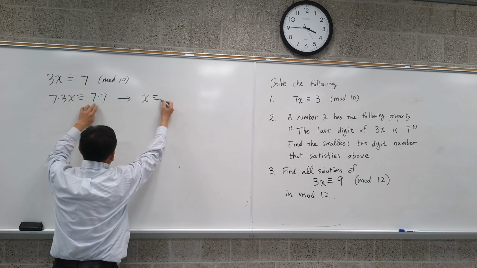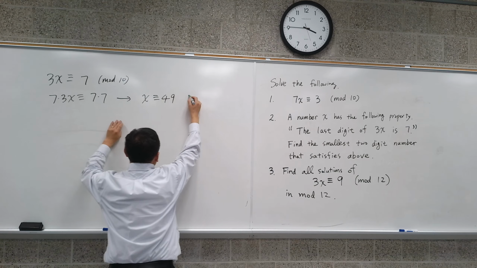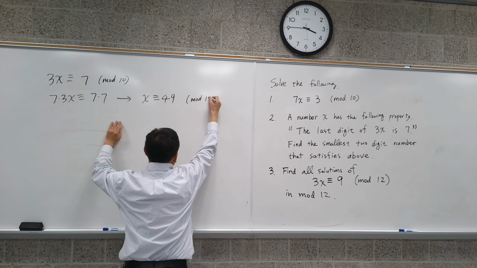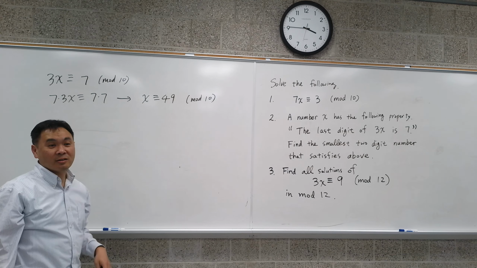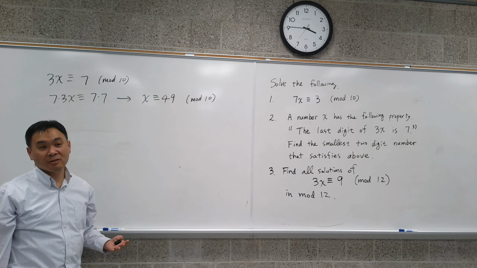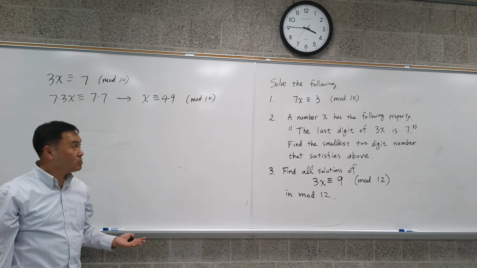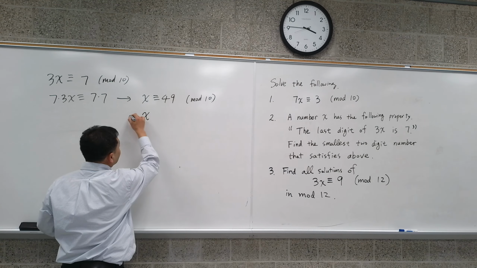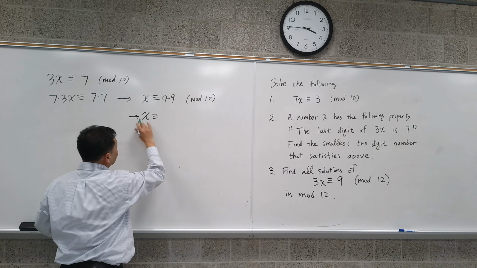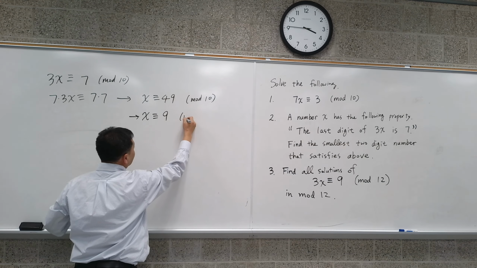And x is congruent to 49 mod 10. Well, wait, 49 mod 10, what's that? 49 mod 10 is... No, it would be 9. Right? So you see that this is also saying that x is congruent to 9 as well.